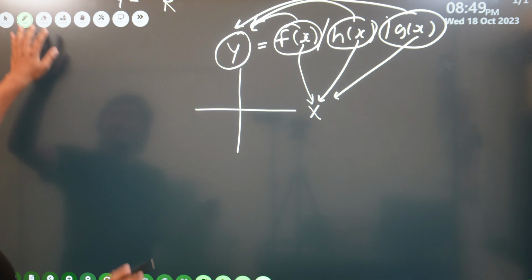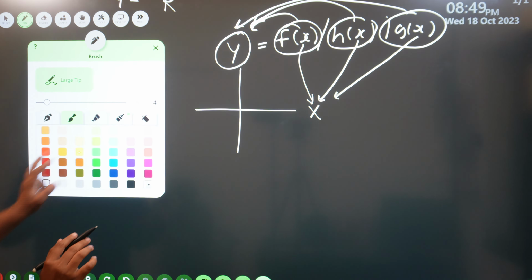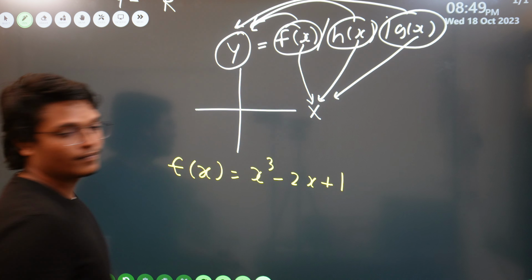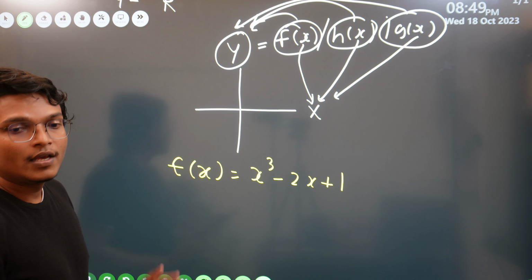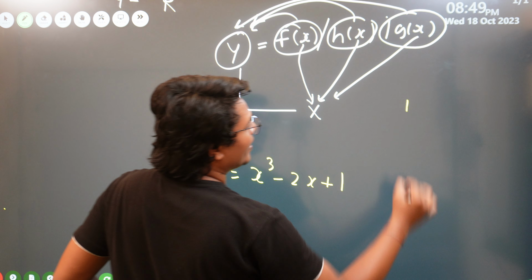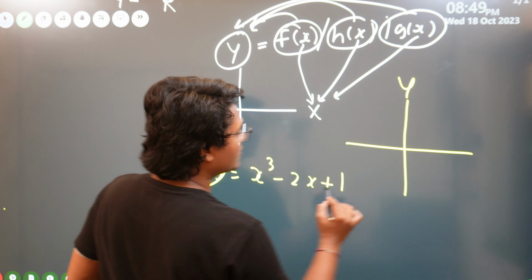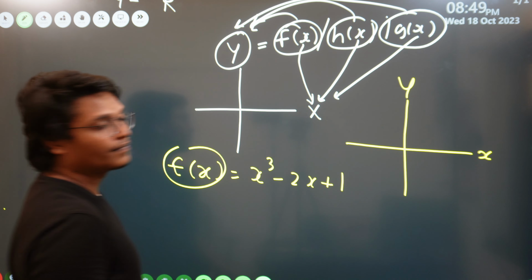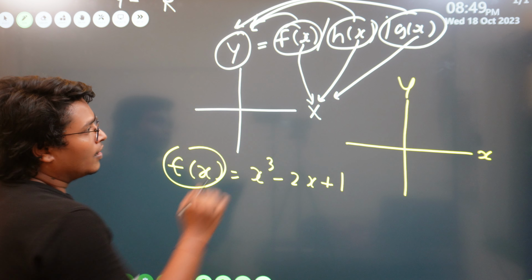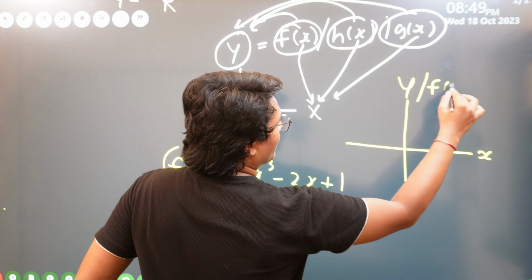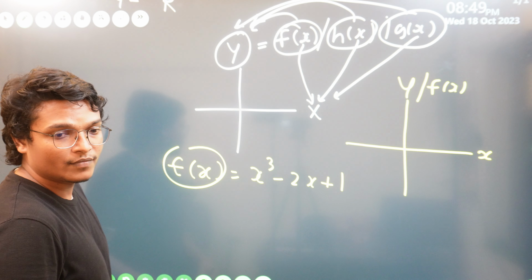So if a question is given like this, f of x is equal to x cube minus 2x plus 1, don't panic. This f of x is nothing but y and this is x. You can write it as f of x as well, correct?